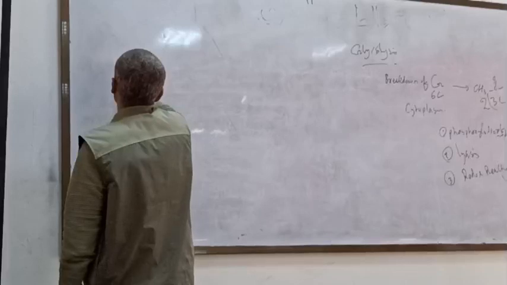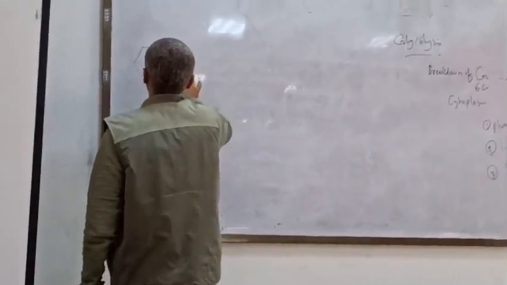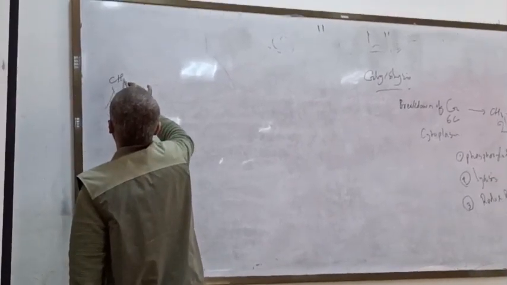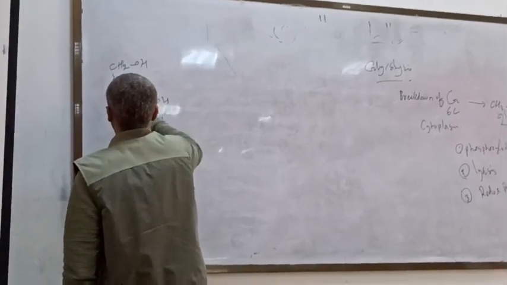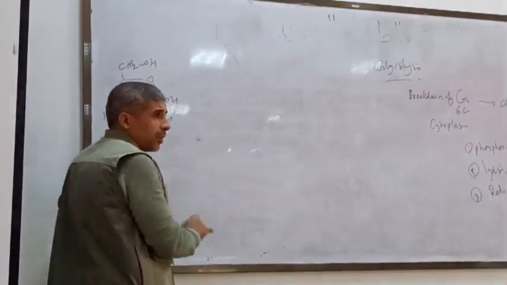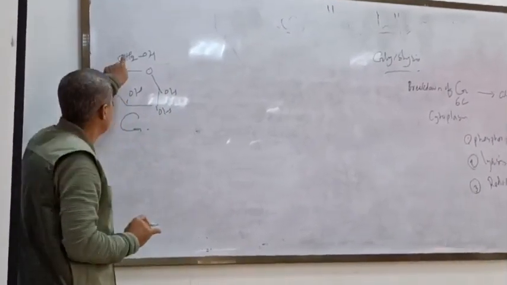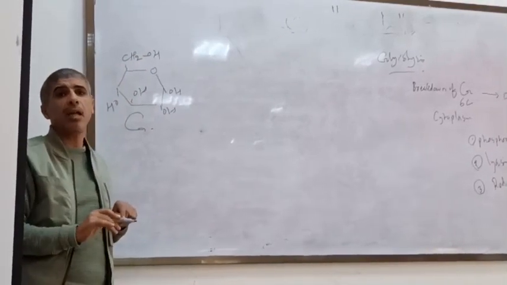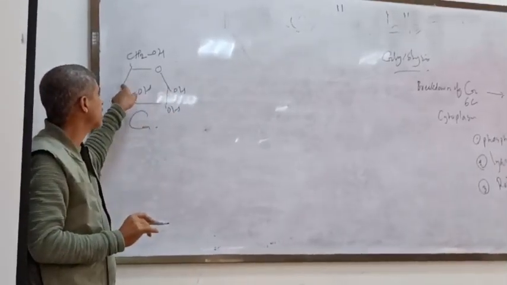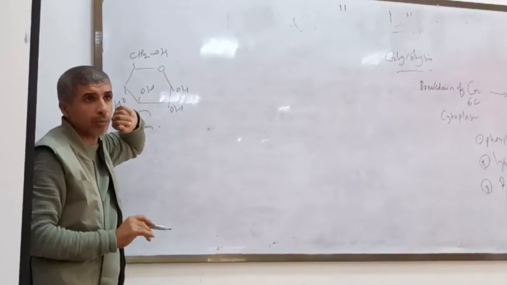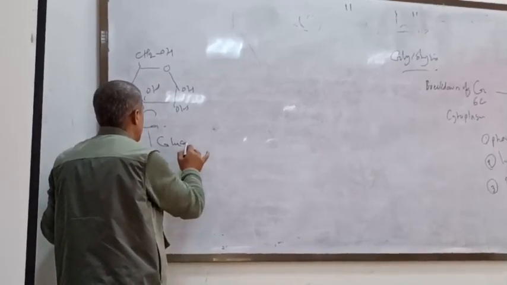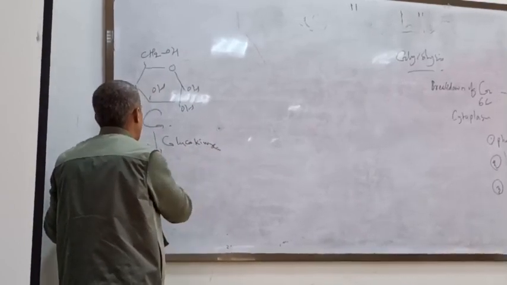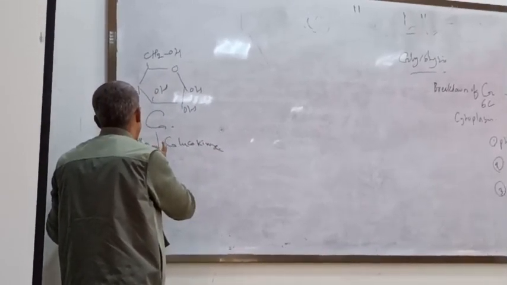Number 1, phosphorylation. Glucose is phosphorylated at the primary alcohol, not the secondary. It is done by glucokinase and hexokinase.